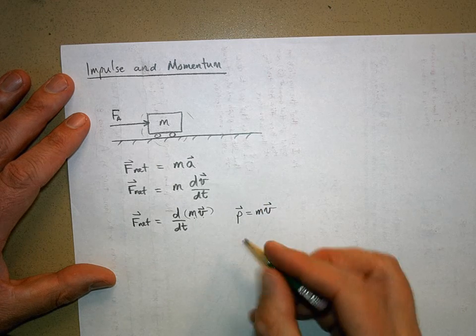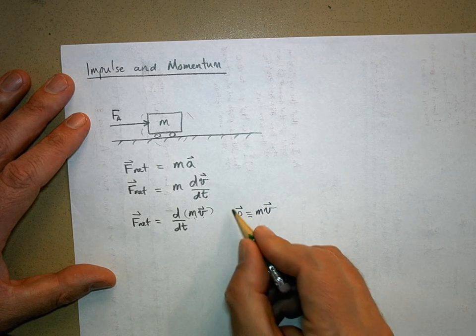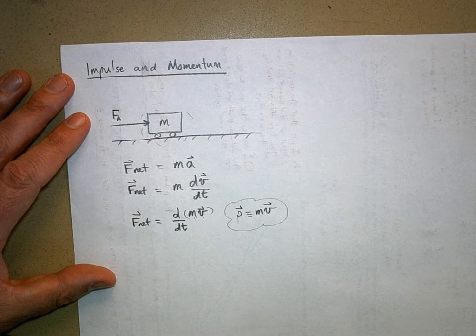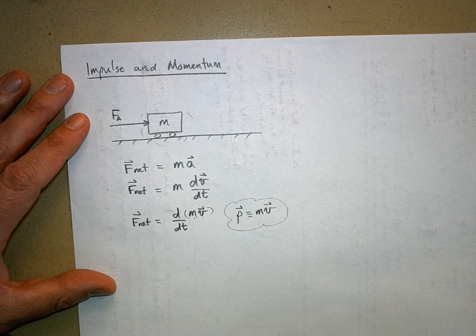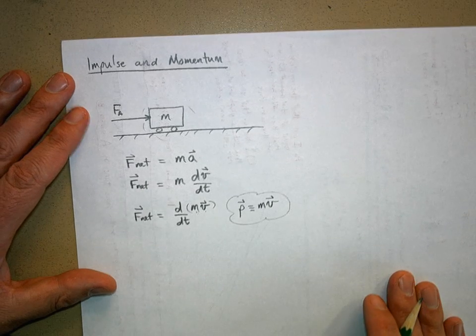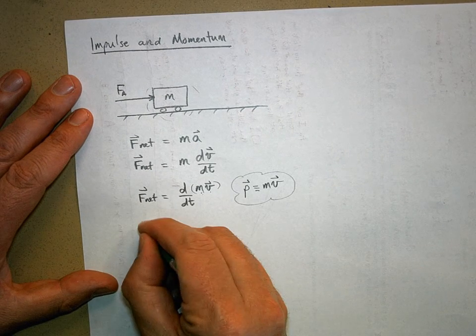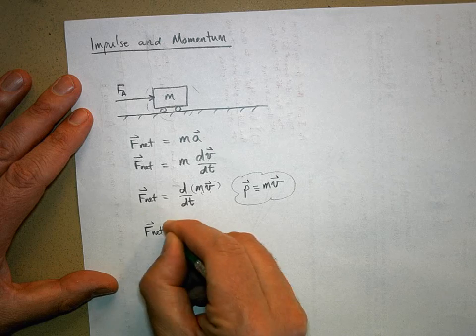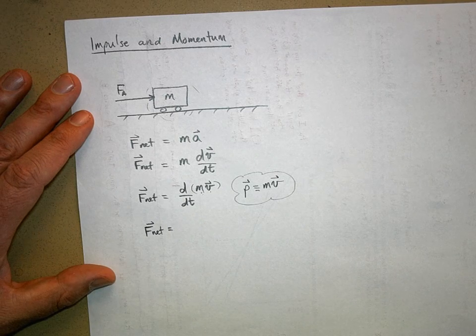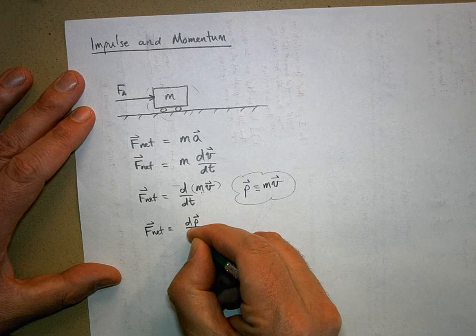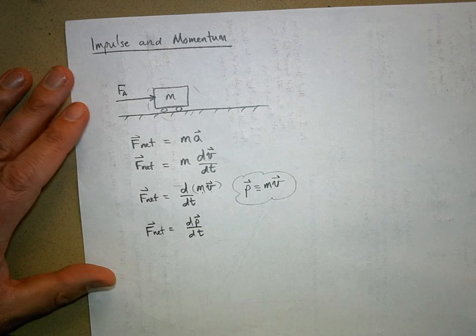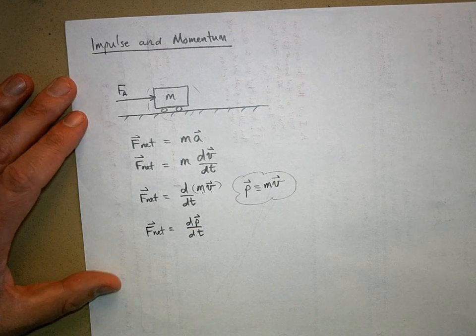This is kind of a definition of momentum right here. This defines what momentum is. And so now we come to Newton's second law, where we say the net force acting on an object is equal to the rate at which momentum changes.